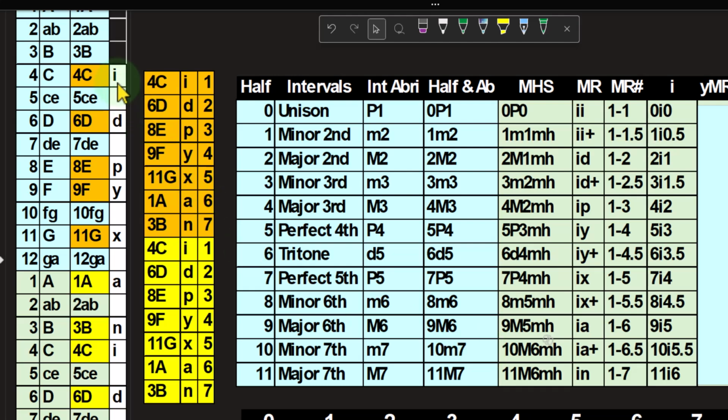So if I go up 10, 1, 2, 3, 4, 5, 6, 7, 8, 9, 10, lands me in the ocean. If I go up 5.5 from here, 1, 2, 3, 4, 5.5, lands me between the Aeolian and the Locrian.